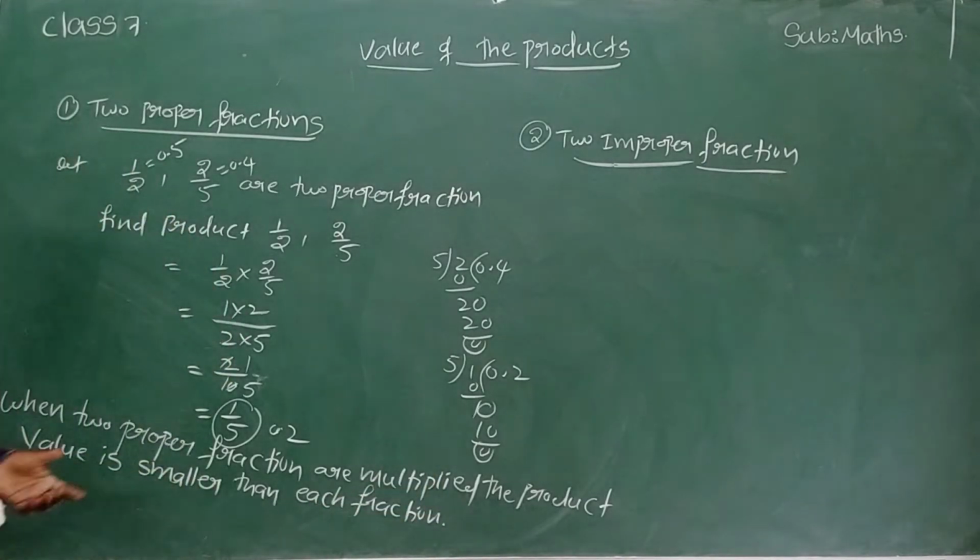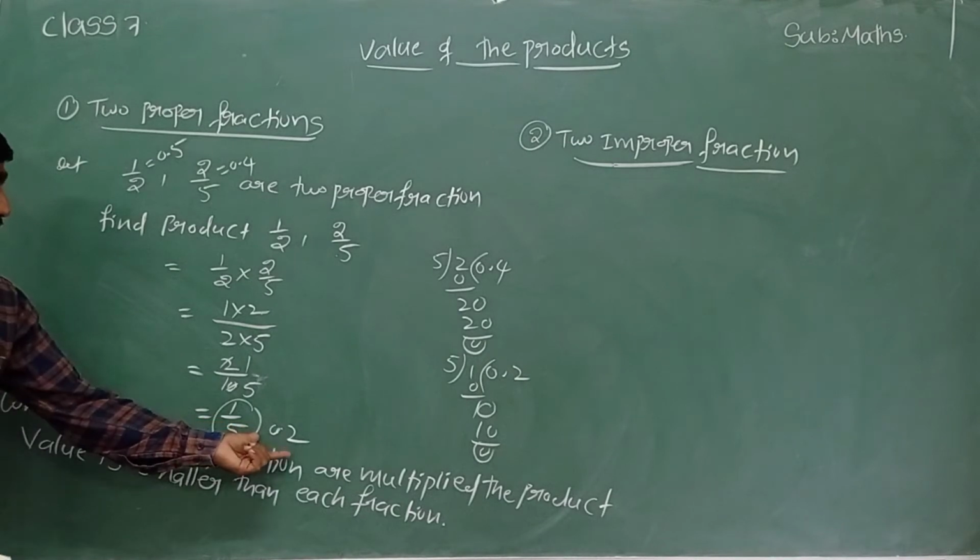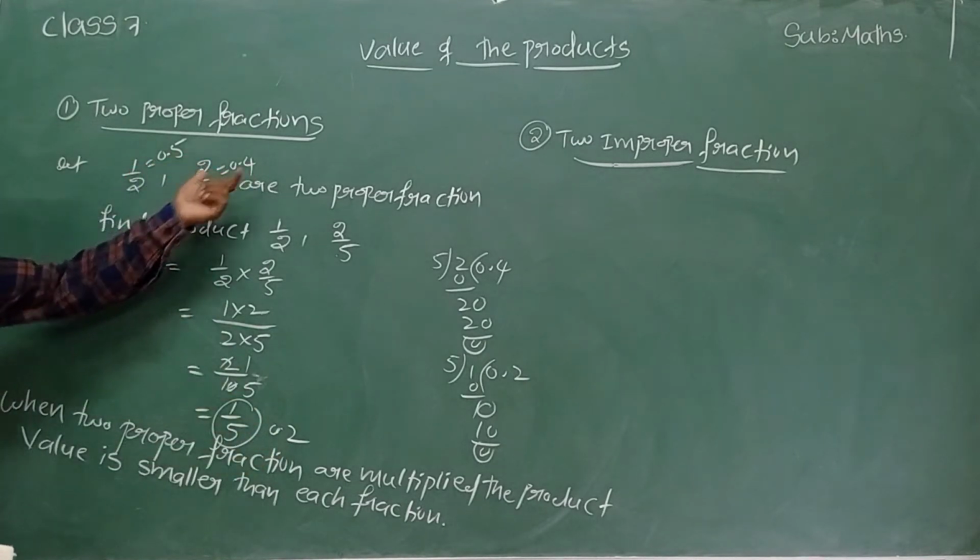Here we observe clearly that 1 by 5, 0.2, is smaller than both 0.5 and 0.4.